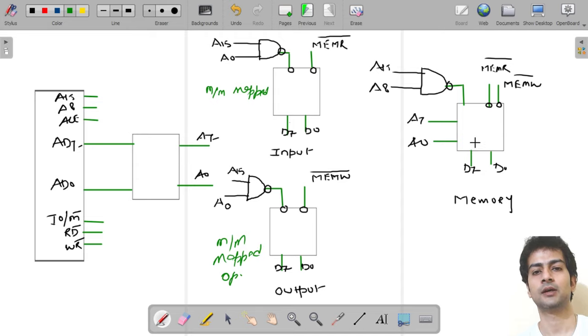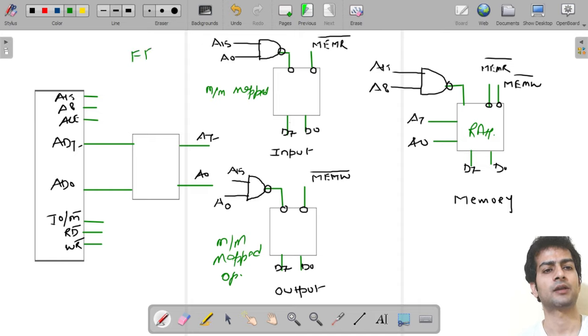Now see, come in here. This is my memory, and here I can do memory read as well as memory write. That is, it is a kind of RAM, random access memory. Now see what will happen. Suppose we have address FFFFH.